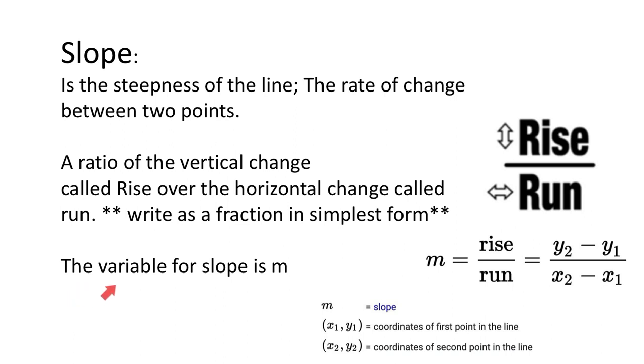So the variable for slope is m. Remember, it's rise over run. So does it go up or down? Over run, so left and right.